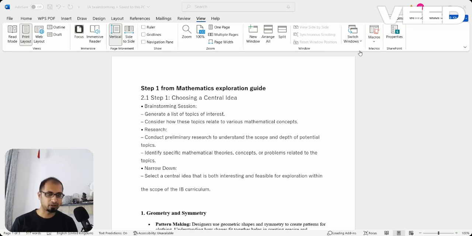But the whole purpose of the exploration is to get an idea which fascinates you and develop it, and ensure that once you develop it, it meets all the assessment criteria and you have something which is good enough.